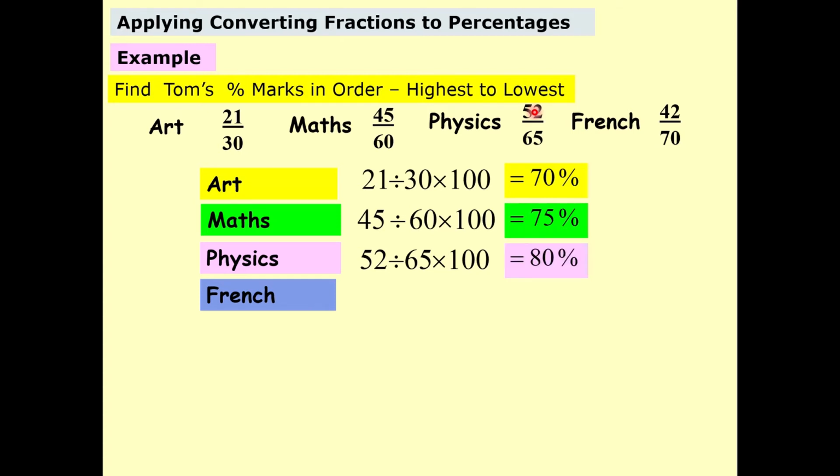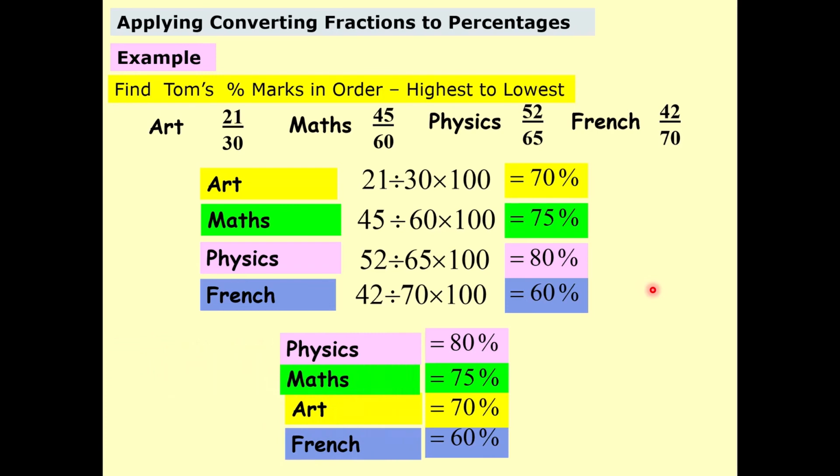And last one, 42 divided by 70 times it by 100 to give us 60%. Now it's much easier to see where Tom has performed better by looking at his percentages rather than trying to compare fractions. So now we can list them from highest to lowest with physics, maths, art and then French.